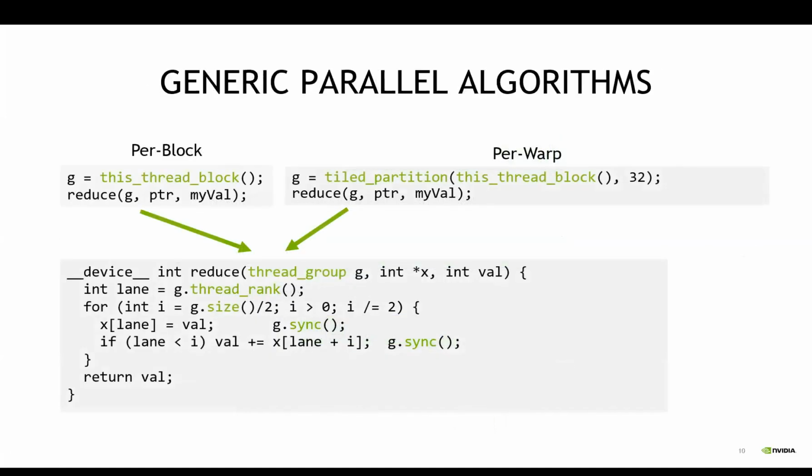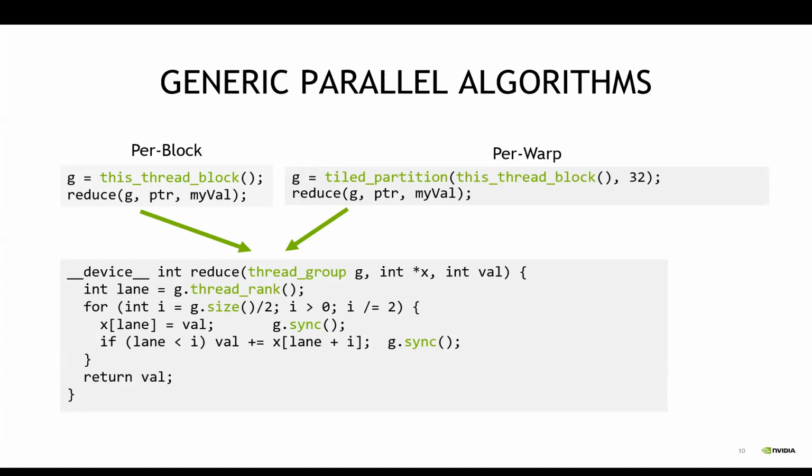So with that introduction to the basic syntax of group creation, one of the things that enables now is what we can refer to as generic parallel algorithms. In other words, an algorithm that can take a group and give predictable or expected behavior more or less independent of the group size. We already covered the idea of tiled partitions, but we can extend this even to the thread block level group, it does not matter.